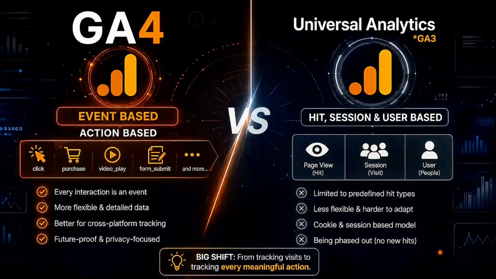Instead of only thinking in terms of users, sessions, and page views, GA4 is built around user actions, things like page views, form submissions, purchases, signups, video engagement, downloads, core CTA clicks, checkout steps, quote requests, account registrations, or any other important interaction you choose to track.